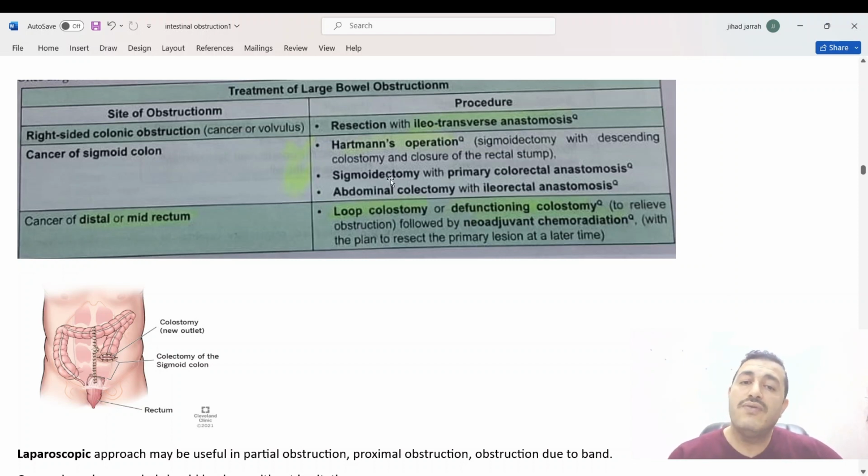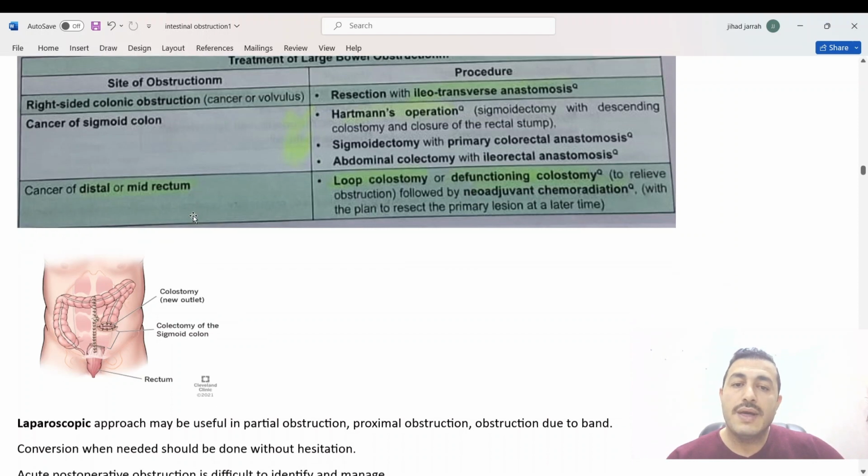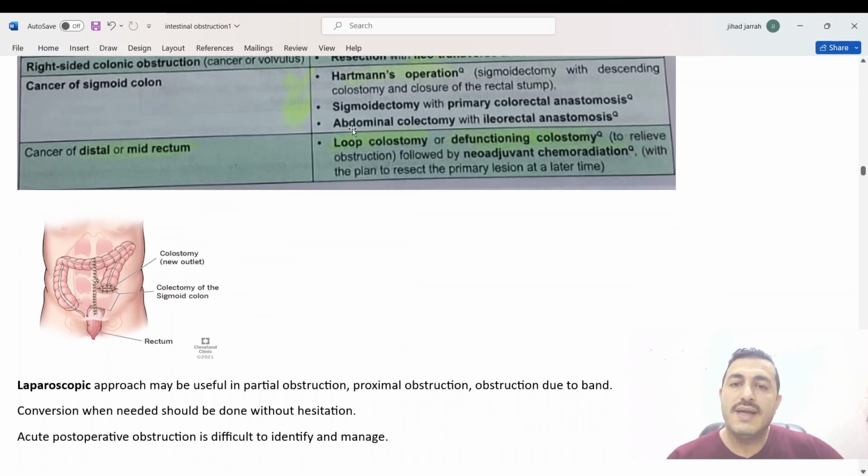We can proceed for primary colorectal anastomosis, but this depends on the surgeon's experience and the status of the patient. Okay. And we said abdominal colectomy and ileorectal anastomosis.